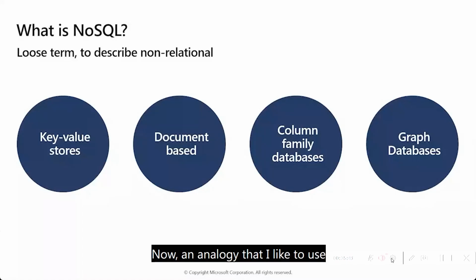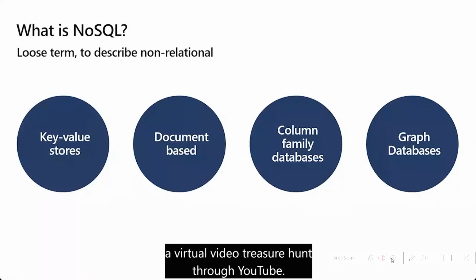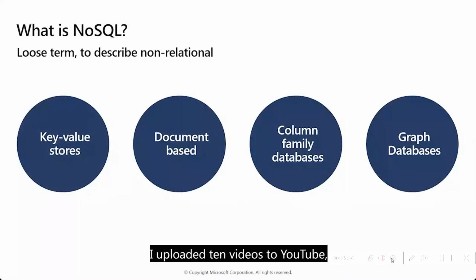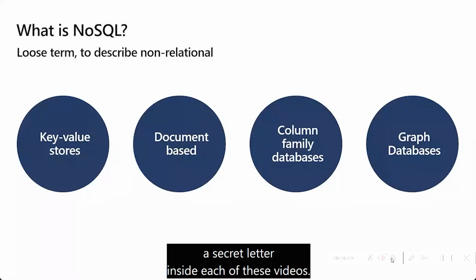Now, an analogy that I like to use to explain column family databases a little bit more is, let's imagine I held a virtual video treasure hunt through YouTube. I uploaded 10 videos to YouTube. Each video is 10 minutes in length, and I tell you that I have hidden a secret letter inside each of these videos.